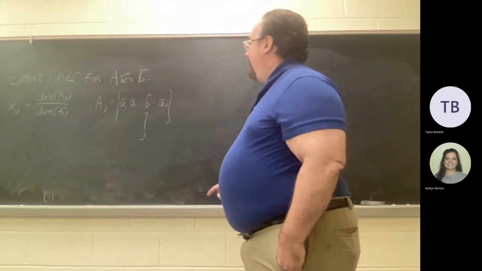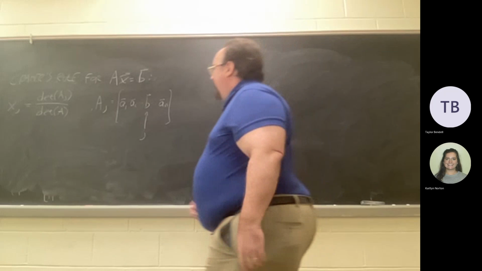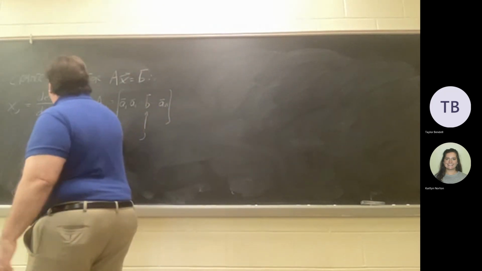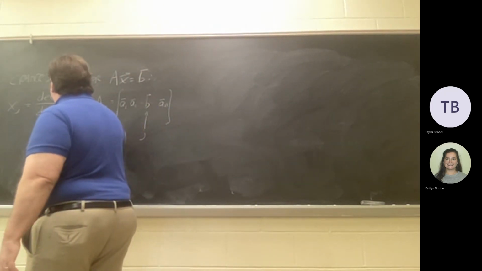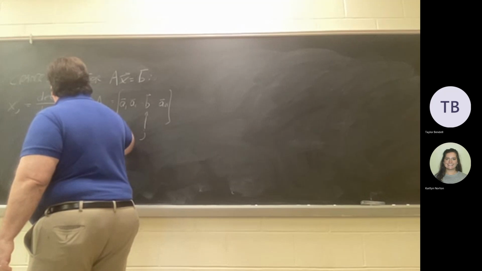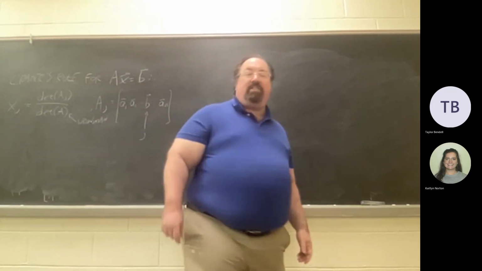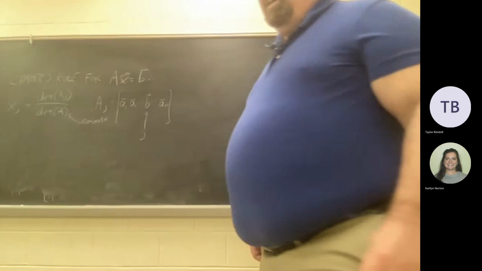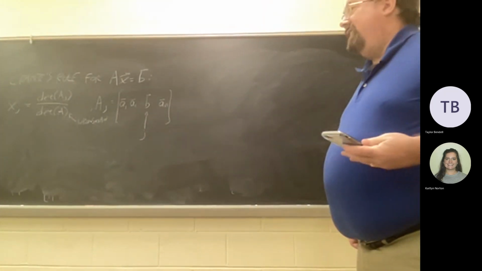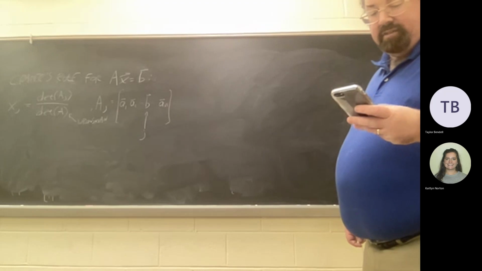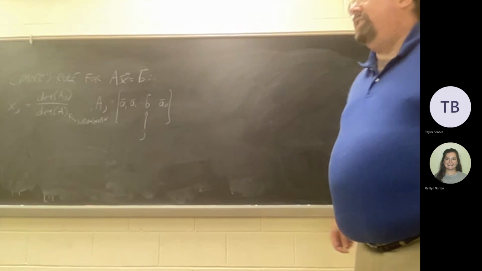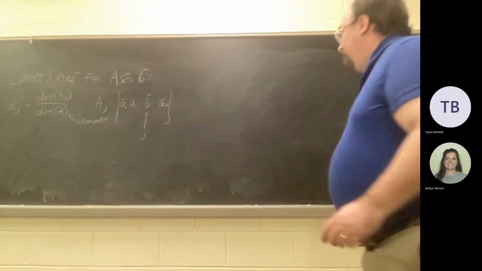Okay. So you do these determinants, and in the case of our ODE setting, the denominator, determinant of A, happens to be the Wronskian. The Wronskian is the determinant of that matrix fancy x of t. So variation of parameters always has a Wronskian in the denominator for each of those integrals.